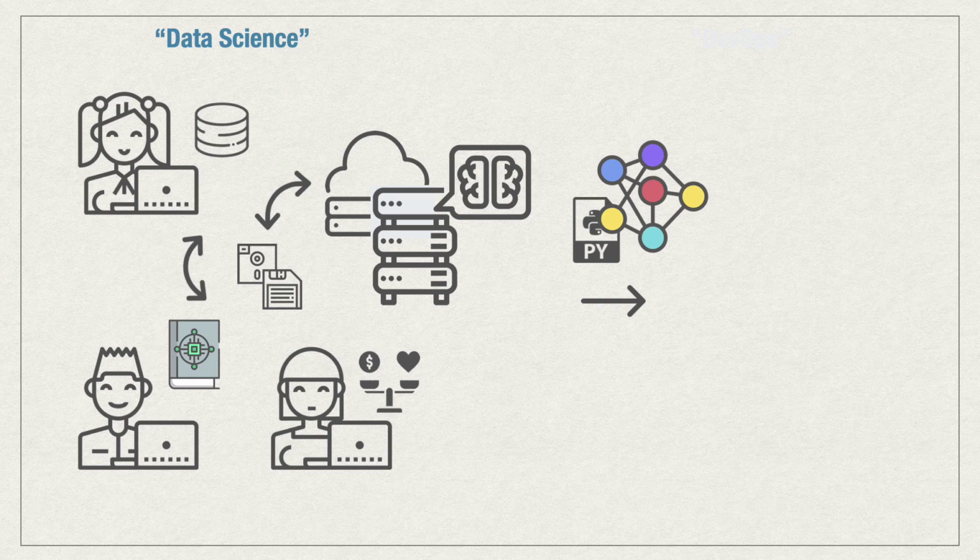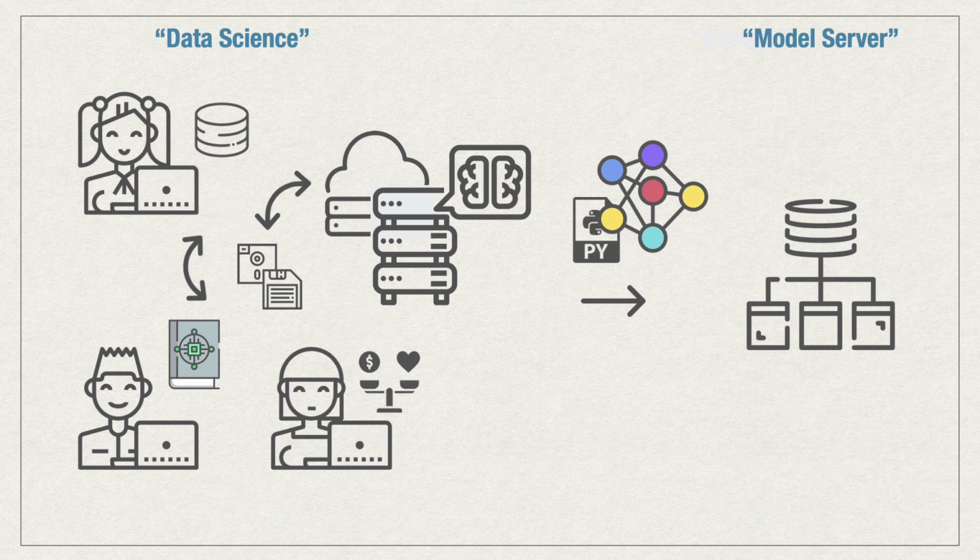That model will then be evaluated to check its accuracy, and once you're satisfied with the model that you've got, the route to deployment typically involves moving that model into a model server to make it available for use in the broader application.